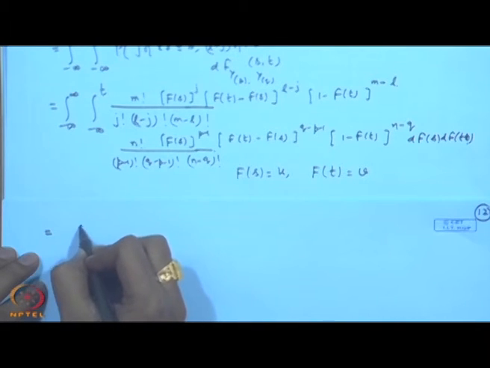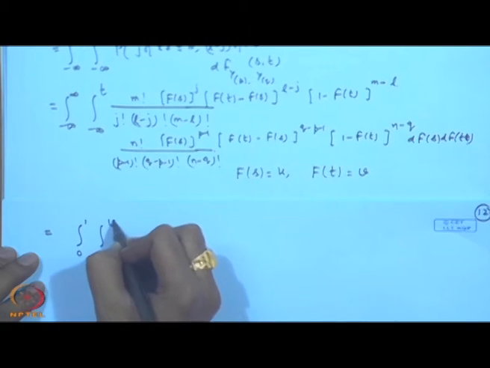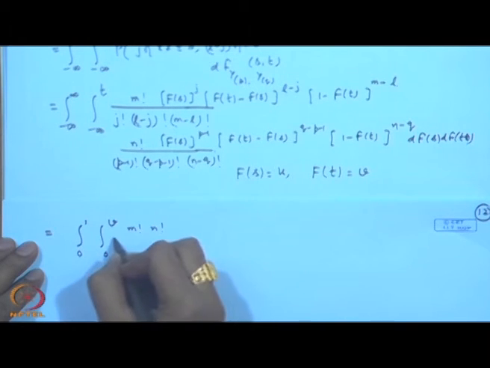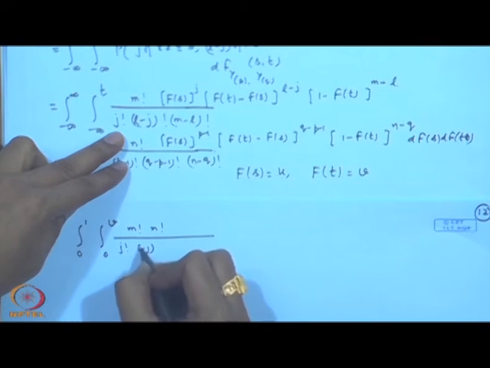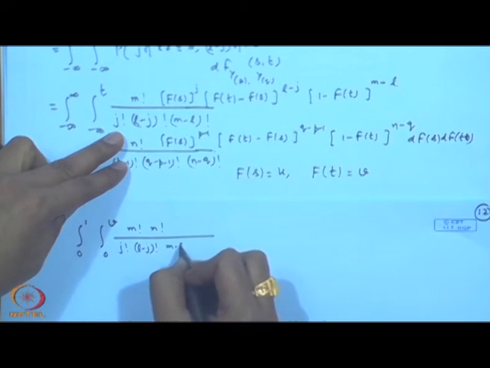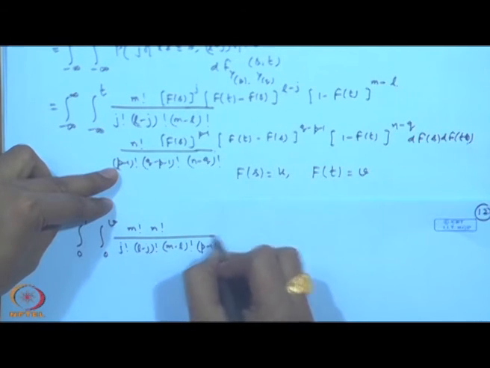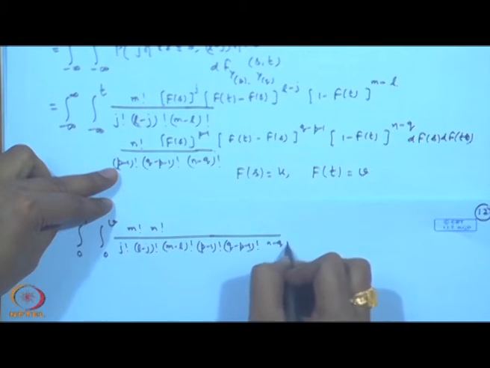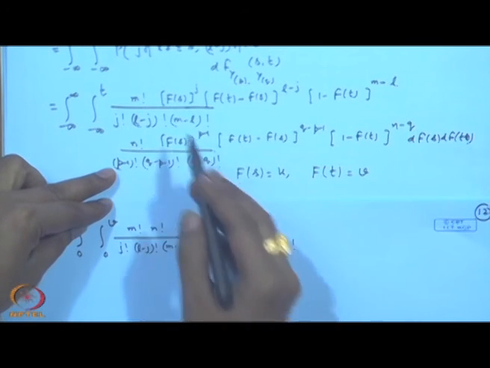So, this is equal to the integral from 0 to 1, 0 to v, and all these coefficients will be coming there. Let me write it here: m factorial n factorial divided by j factorial, L minus j factorial, m minus L factorial, p minus 1 factorial, q minus p minus 1 factorial, n minus q factorial. So, all these terms will be coming there, and then you have the powers.